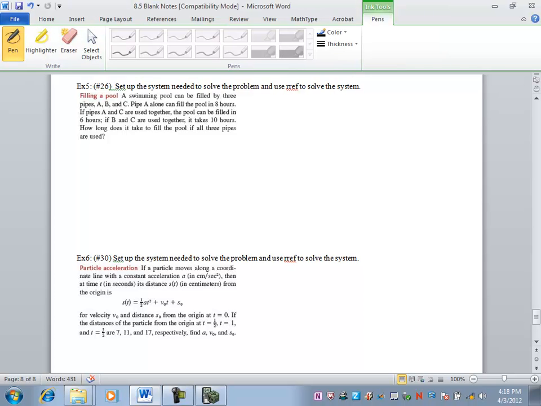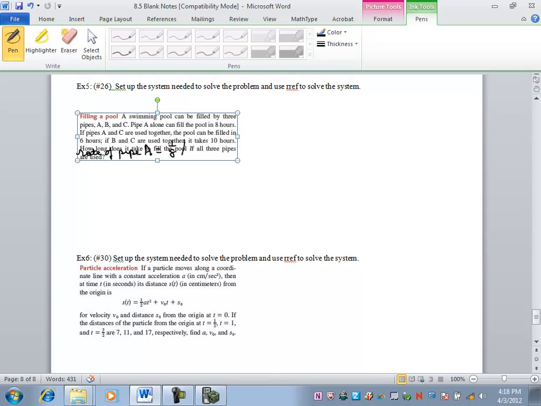Okay, a swimming pool can be filled by 3 pipes A, B, and C. Pipe A alone can fill the pool in 8 hours. So the rate of pipe A is 1/8 of the pool per hour.